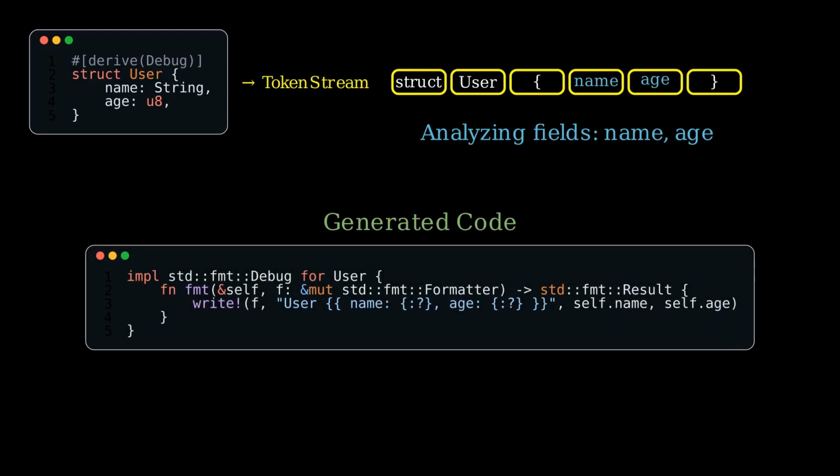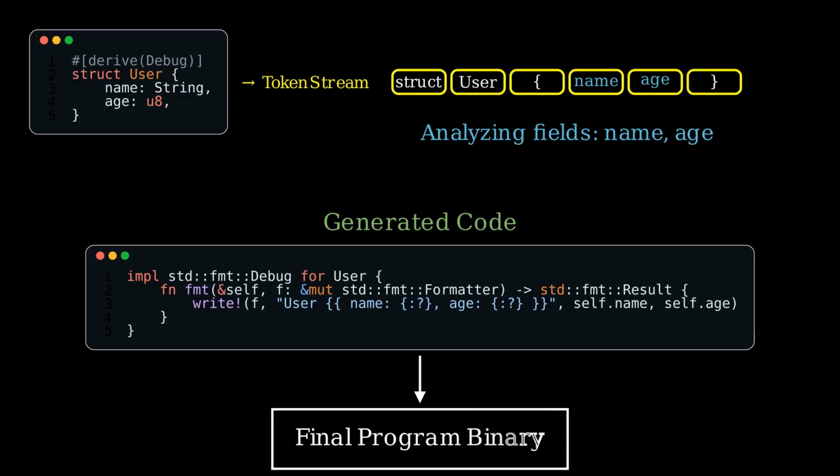Here the Debug macro implements the format function over the user struct so it can be printed on our terminals. Then the struct and the newly generated code are included together in the final program binary after the compilation is done.